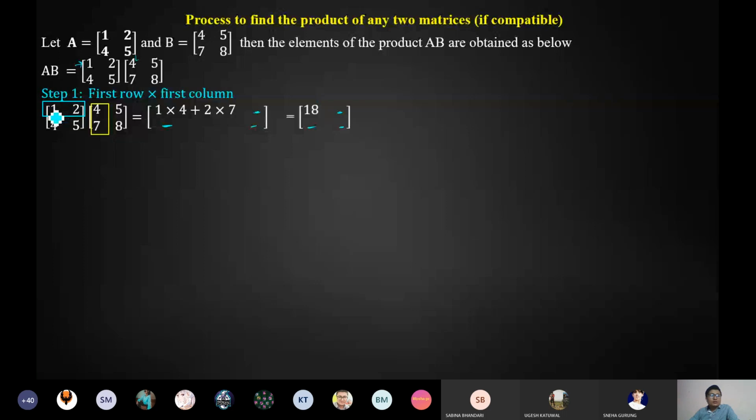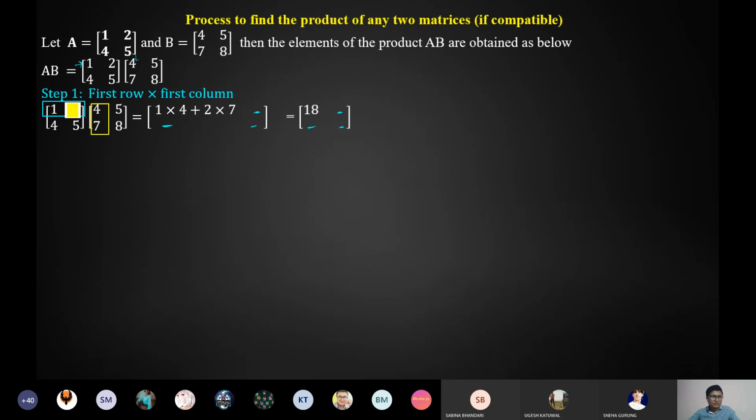The first element of the first row, this 1, will multiply 4. 1 into 4 plus this other element 2 into 7. Okay, so be careful. The first elements will be multiplied and you need to add the second element times the second element.